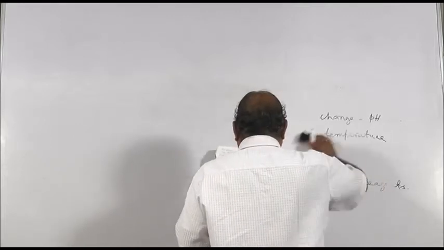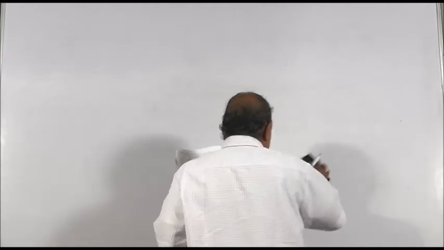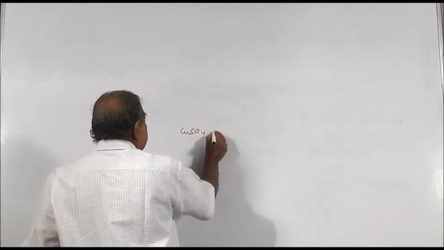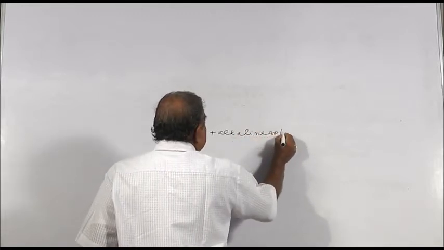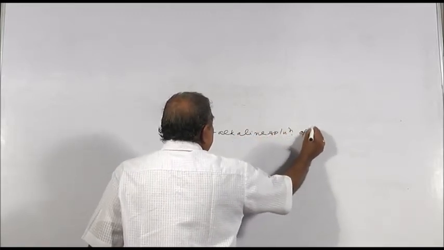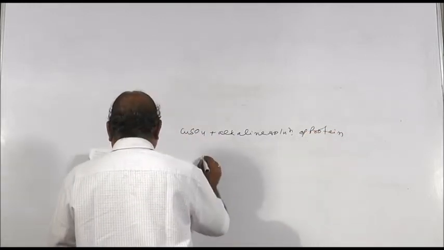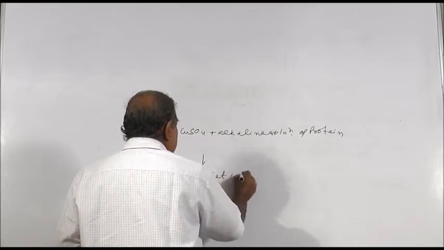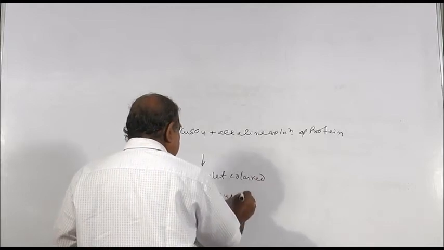Now, on adding a dilute copper sulfate solution to an alkaline solution of protein, you will get a violet colored compound due to formation of biuret.